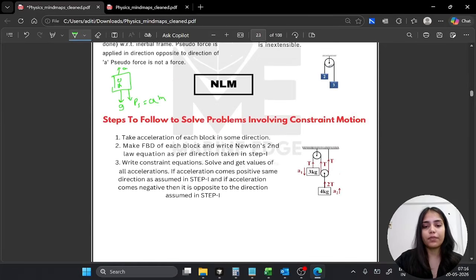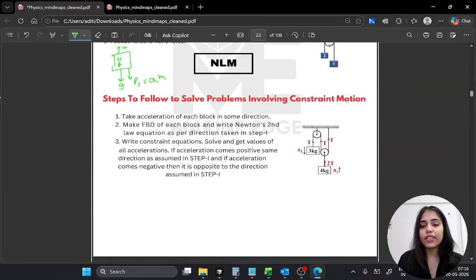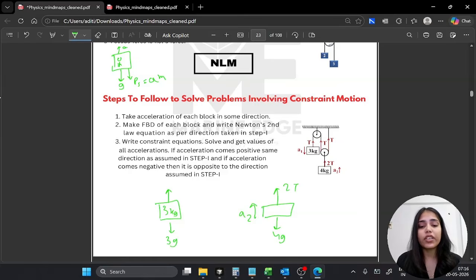Let's see. First, we'll make the FBD for the first block. This will be 4 into g downward, and the upward force is 2T, and we have some acceleration going up as a2. Next, we'll draw the FBD of this one, that is again 3 kg. There will be a downward force of 3g, an upward tension T, and some acceleration a1.